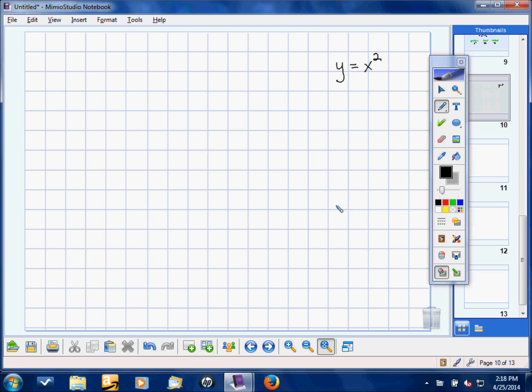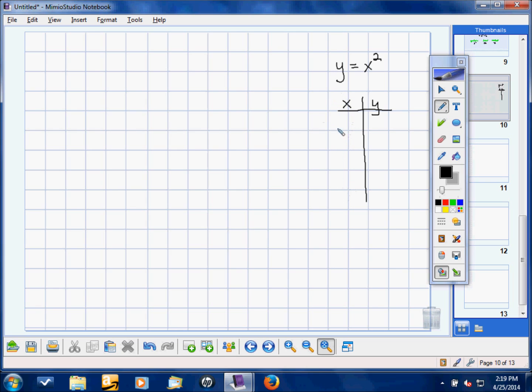I'm putting it over here so that we have enough room to make the graph. We're going to make an x and y chart because it is a function. So we're going to get some values here.